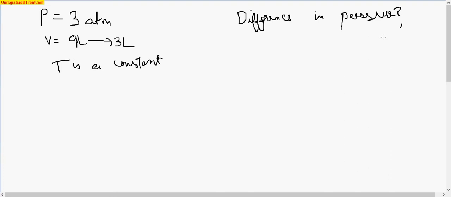Now, as you know, the equation for pressure is force by area, right? So as the pressure increases, the volume decreases, or we can put it as, as the volume increases, the pressure decreases, right? Now the ideal gas equation, what was it?